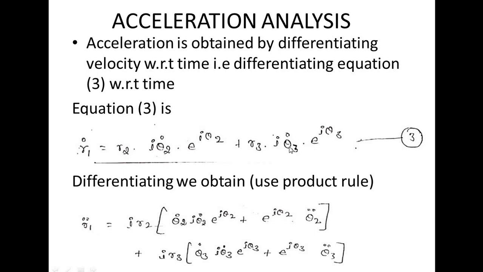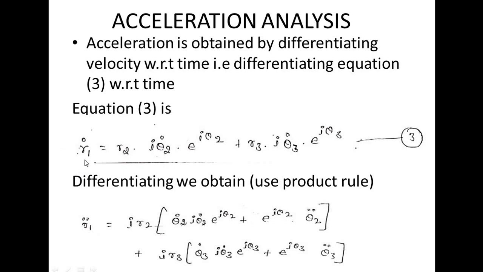That means the first term, theta 3 dot, we keep as it is, and the differentiation of e to the power of i theta 3 is nothing but i theta 3 dot into e to the power of i theta 3, plus, this term we keep as it is, and now we differentiate the first term. So e to the power of i theta 3 into the differentiation of theta 3 dot, which is theta 3 double dot. Like this we obtain the differentiation of the velocity equation.